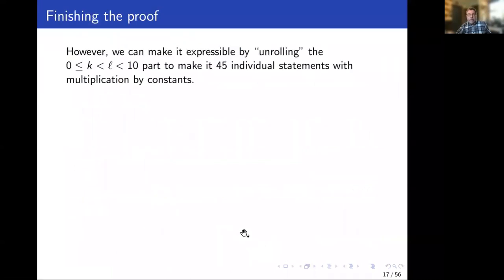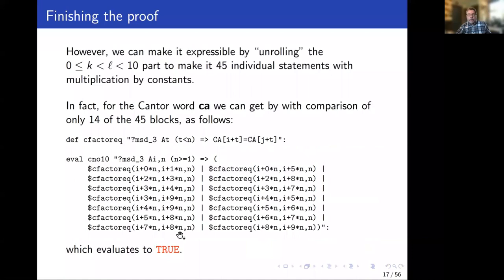When we do that, we get a conjecture like this. It says, if you look at the block starting at position i and compare it to i plus n, or i and i plus 5n, and so forth, that these suffice. One of these is going to be the same.